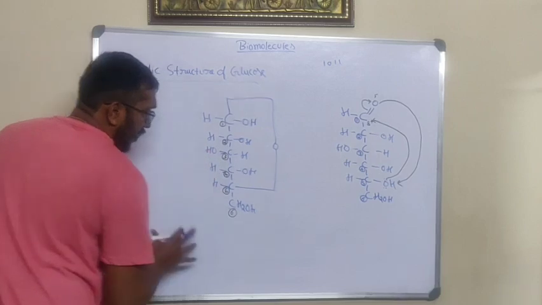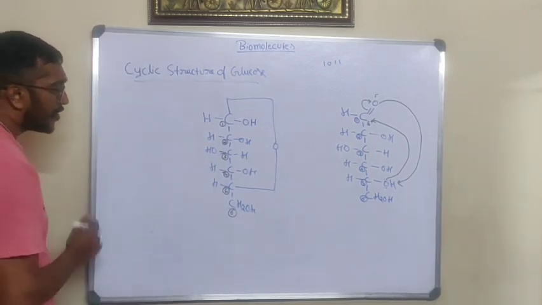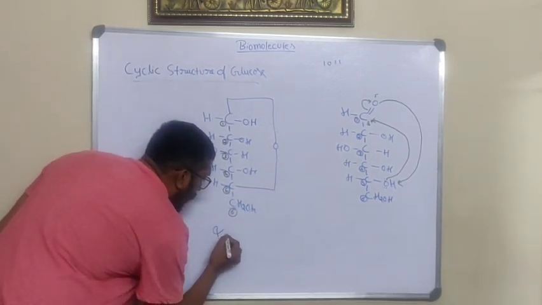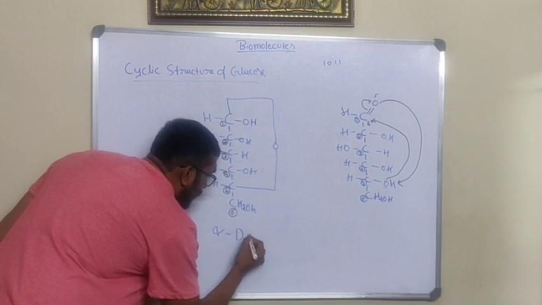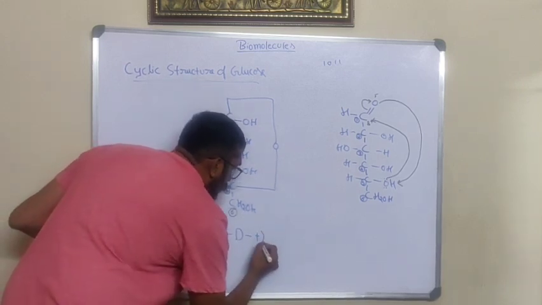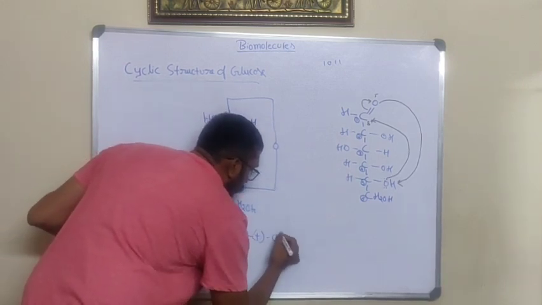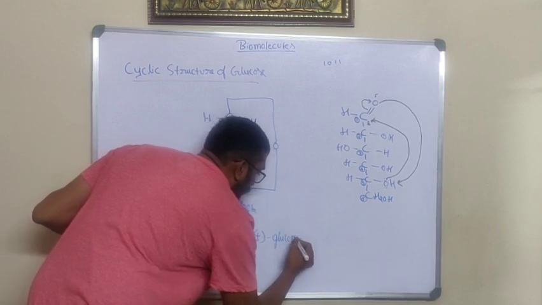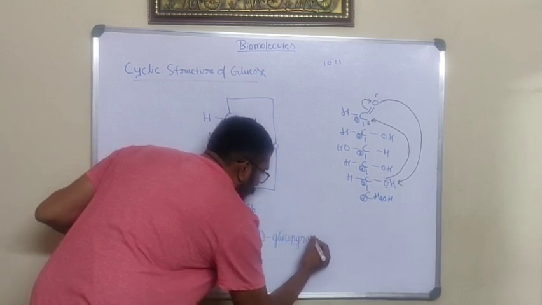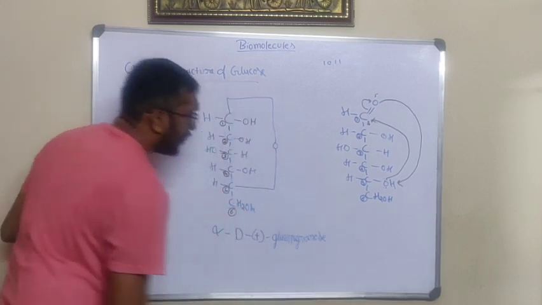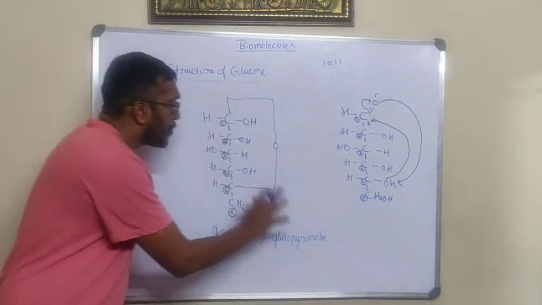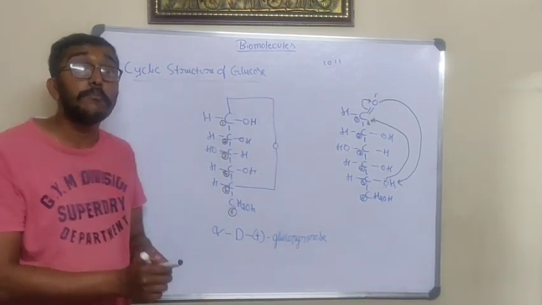Okay, so this structure is known as alpha D plus glucopyranose. Alpha D glucopyranose. It is a 6-member ring.